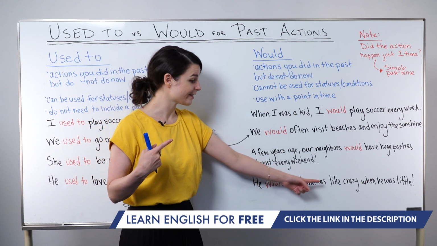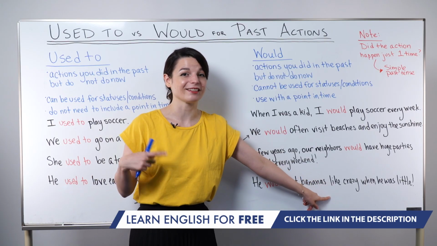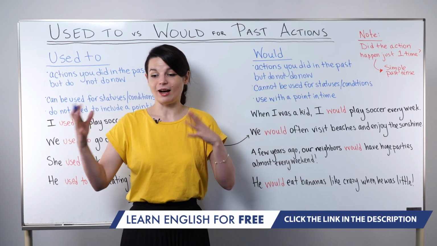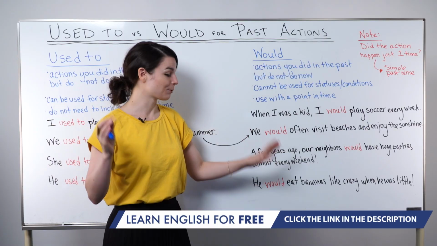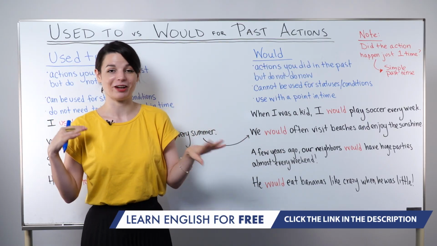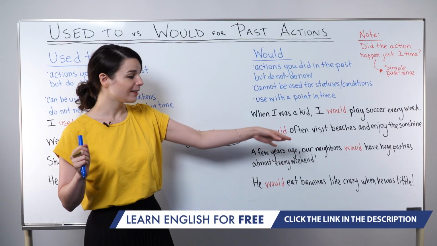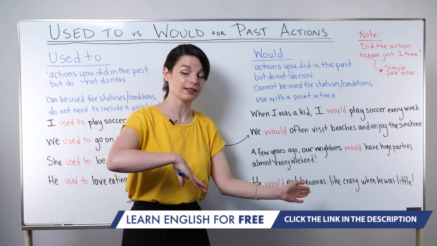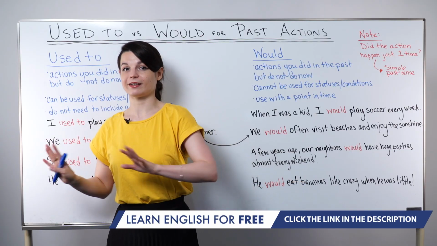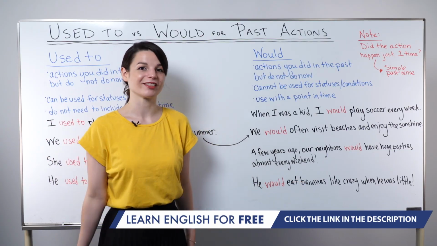He would eat bananas like crazy. Like crazy is an expression that means a lot, doing something to a crazy amount. So this shows this was a very common action for him when he was little. So this is a case where you might see the time period come at the end of the sentence when we already have the context from earlier in the conversation.